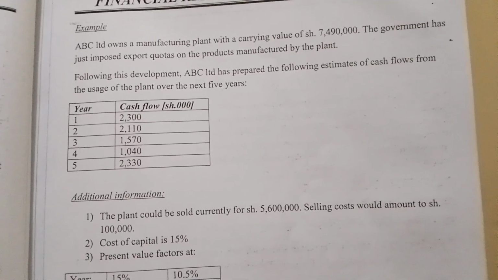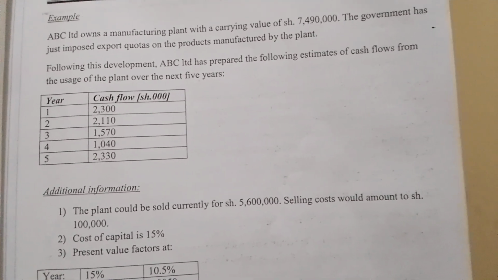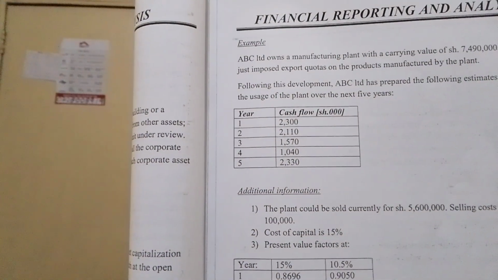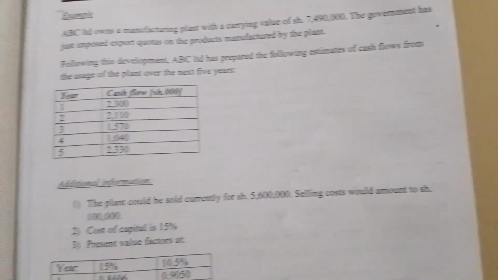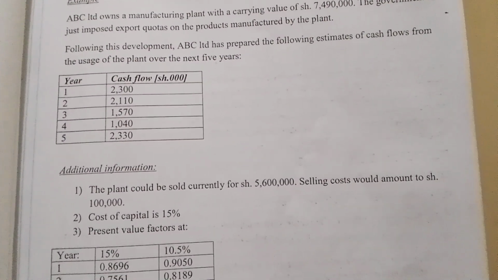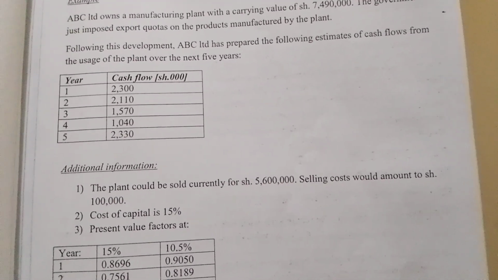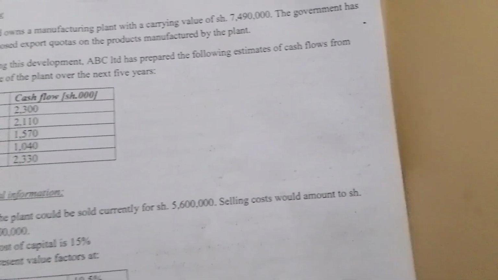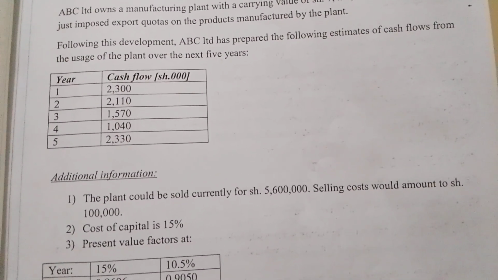The government has just imposed export quotas on the products manufactured by the plant. Following this development, ABC Limited has prepared the following estimates of cash flows from the usage of the plant over the next 5 years.